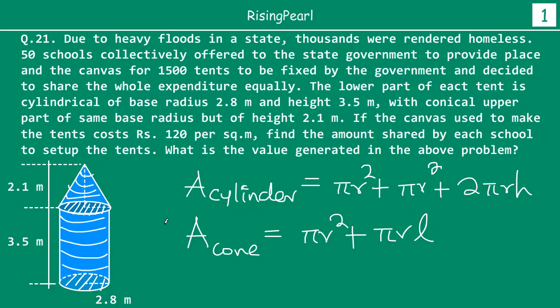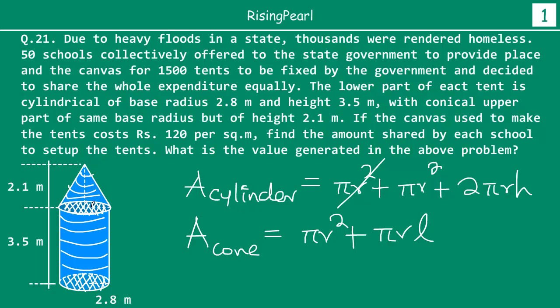Now if we look at the tent, and we are using canvas to put it up, do we need canvas on the floor? Absolutely not, because this is the ground. So when we talk about the cylinder, we can take one of these out. Now what about the top circle of the cylinder?